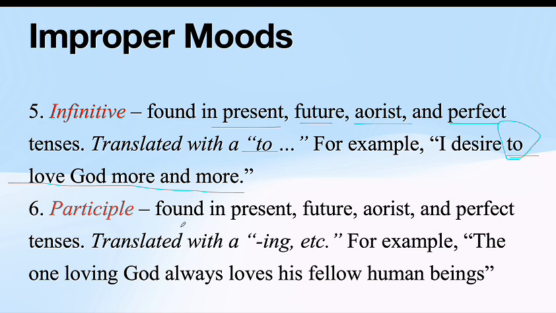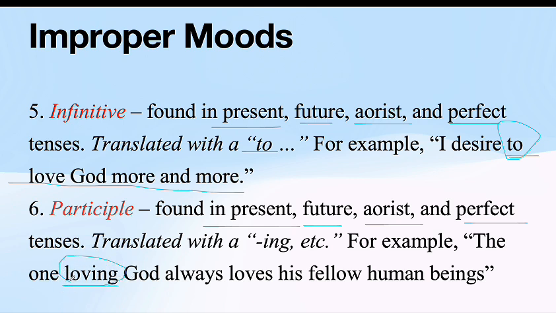Participle. The participle is found in the present, future, aorist, and perfect tenses, like the infinitive. The translation usually goes with the -ing form. For example, the one loving God always loves his fellow human being. Loving.